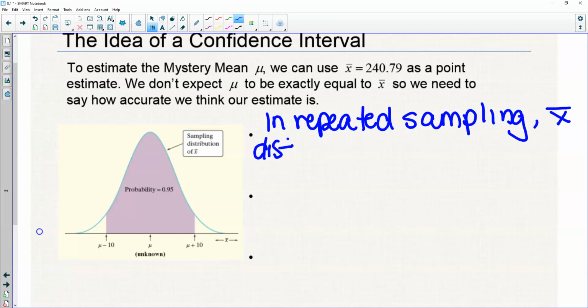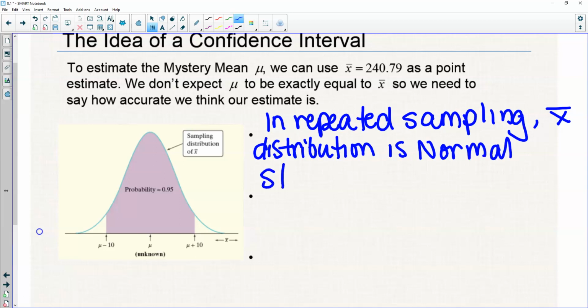So the x bar distribution is normal. The standard deviation is 5 because of our sample size. Remember, we would divide by the square root of the sample size.